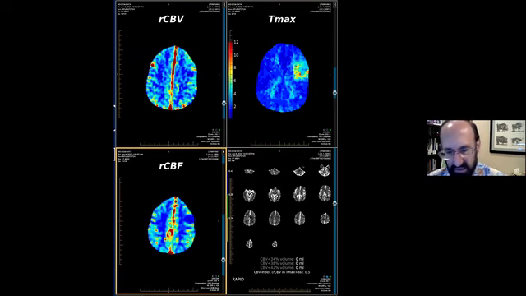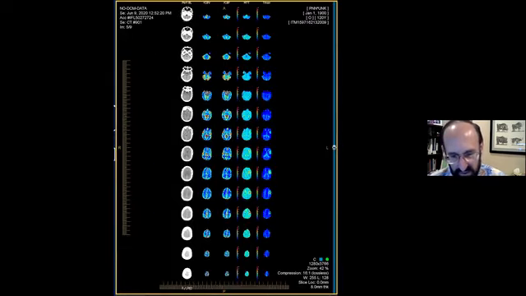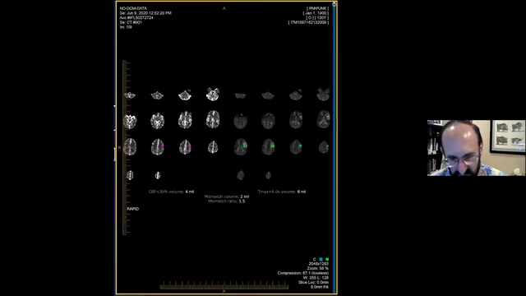And this is verified on the rapid analysis, which you see said that the CBF volume less than 30% was 4 cc's, but the Tmax volume of greater than 6 seconds was 6 cc's. So the mismatch volume was 2 and the mismatch ratio was 1.5. So there is tissue at risk in this individual.